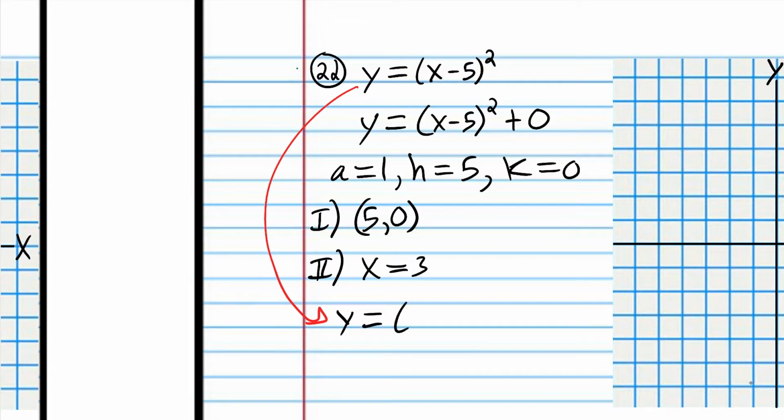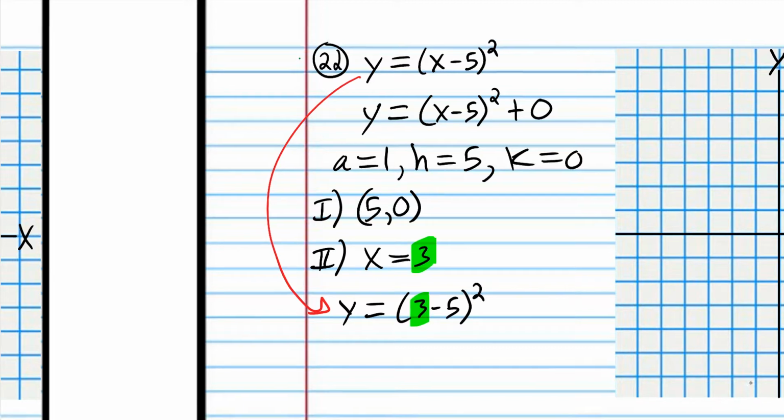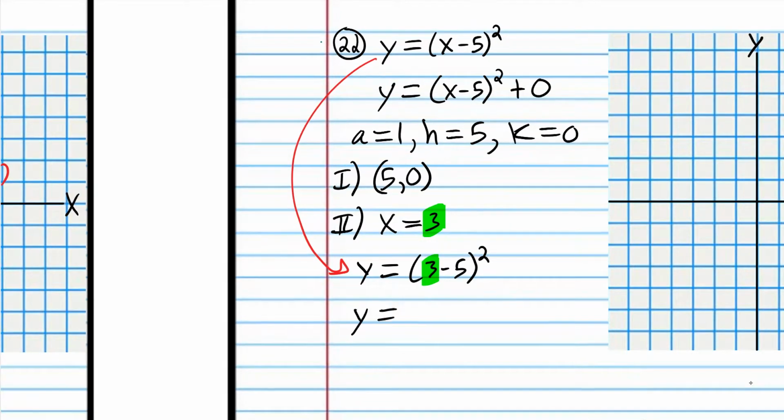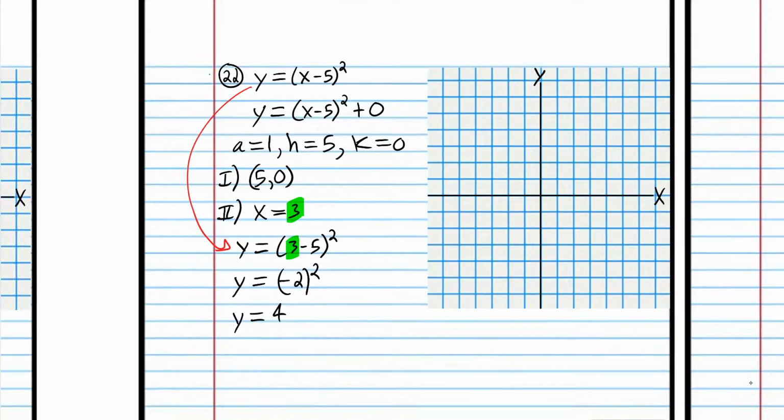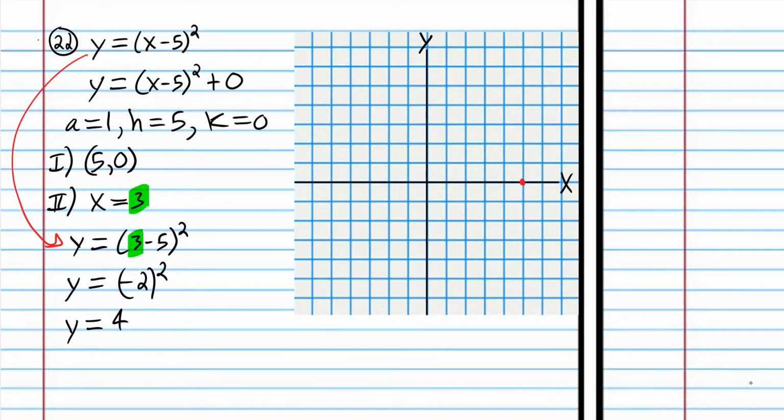So if x is 3, then we have (3 minus 5) squared. And that would be negative 2 squared, which gives us 4. So the vertex is (5, 0), which is there. And the other point we use is (3, 4). So 1, 2, 3, 1, 2, 3, 4.